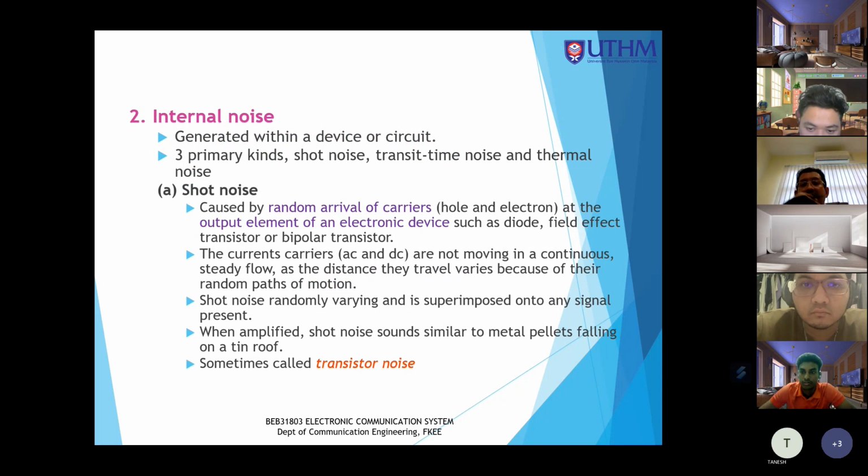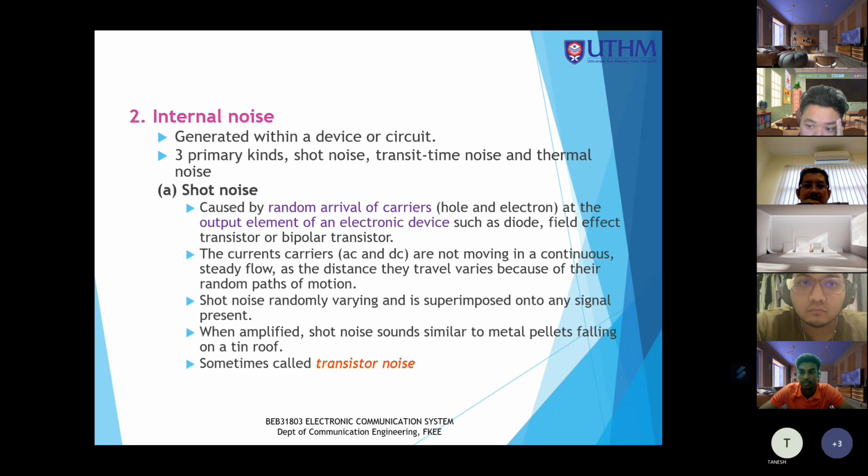So let's look into the internal noise. So internal noise tadi kita lihat dia ada tiga, satu shot noise, and then transit time noise, and also the thermal noise. So for the first one, shot noise is caused by the random arrival of carriers, which are the hole and electron, at the output elements of an electronic device such as a diode, field effect transistor, or bipolar transistor.